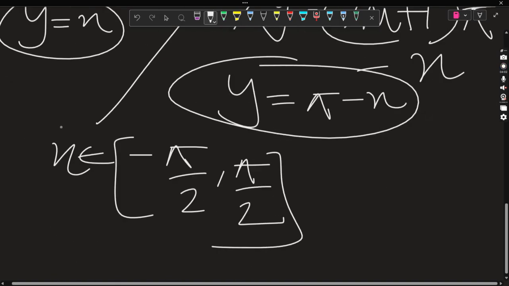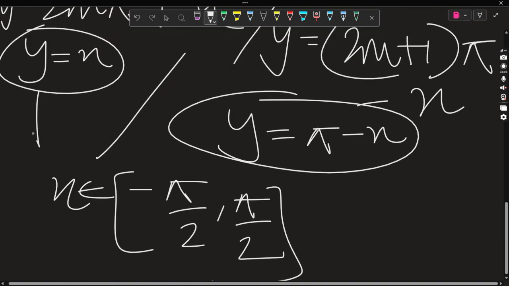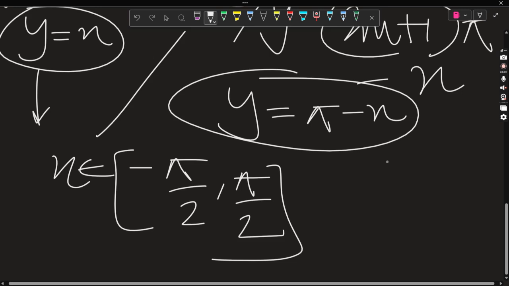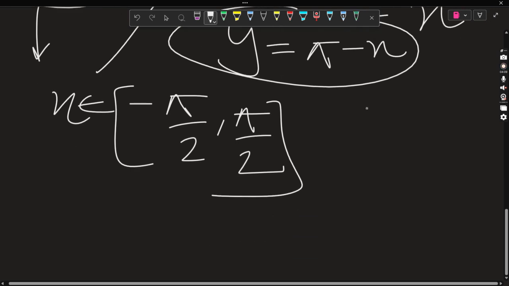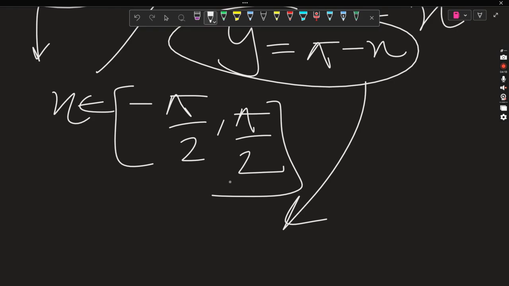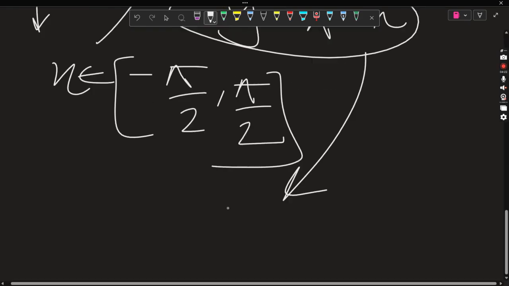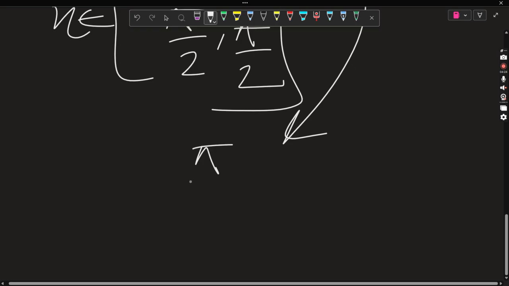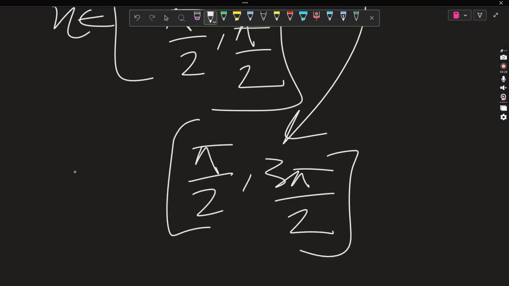In case of y is equal to x, the domain will be minus pi by 2 to pi by 2, whereas in y is equal to pi minus x, the domain will get reversed and negated. So again it will be minus pi by 2 to pi by 2, and if we add more pi to it, it will become pi by 2 to 3 pi by 2. Got it?